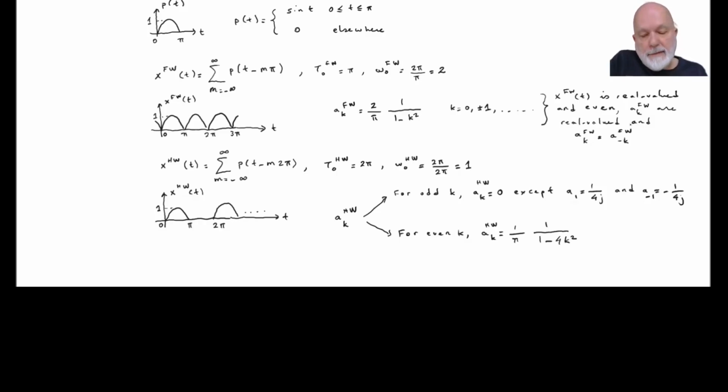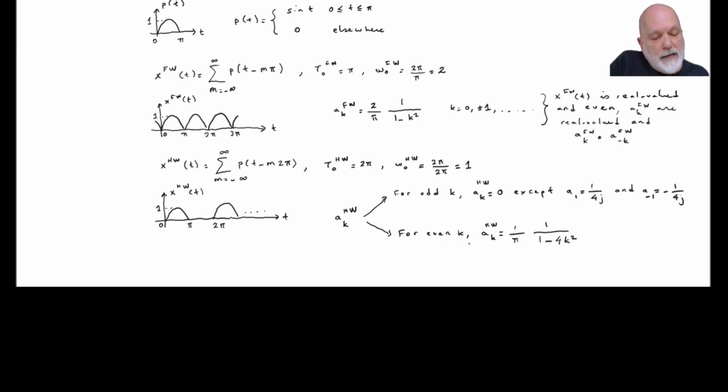Now, on the other hand, the half wave rectified sine wave is neither even nor odd. So we observe that for all odd values of k, the coefficients are 0 except a1 and a minus 1, which are pure imaginary, given by 1 over 4j and minus 1 over 4j.